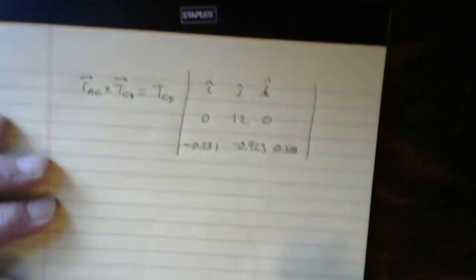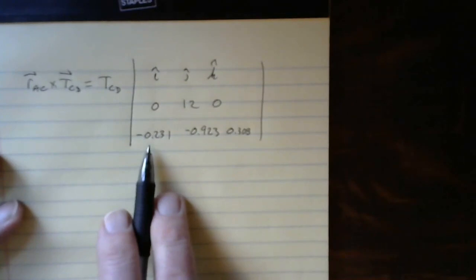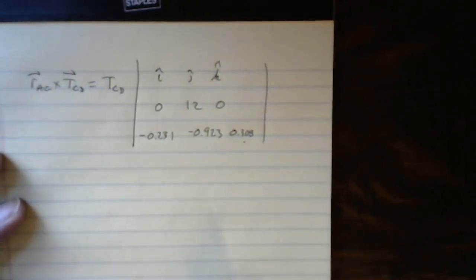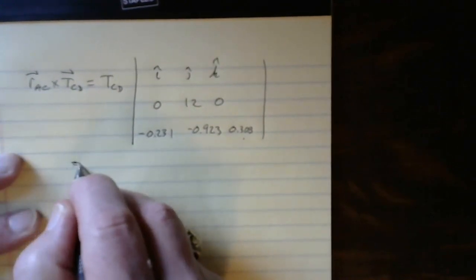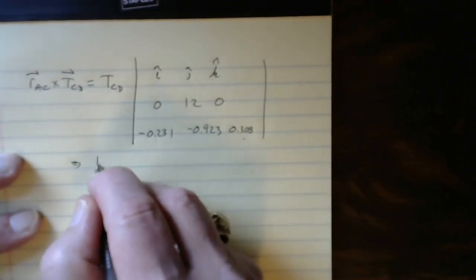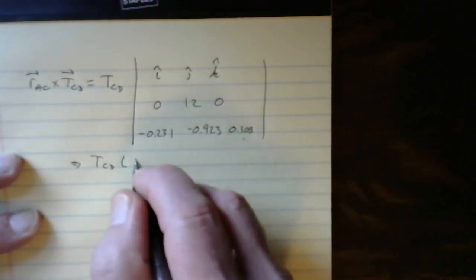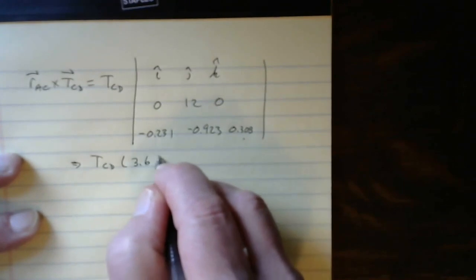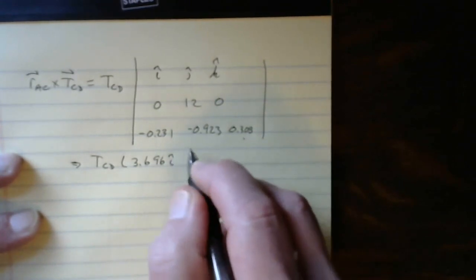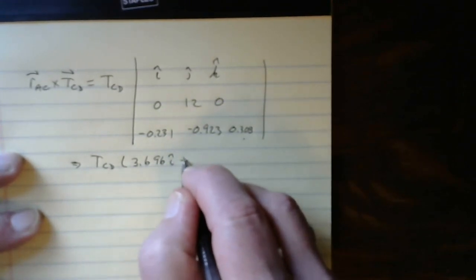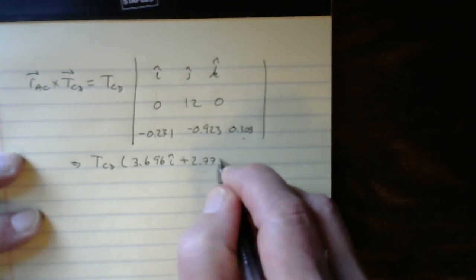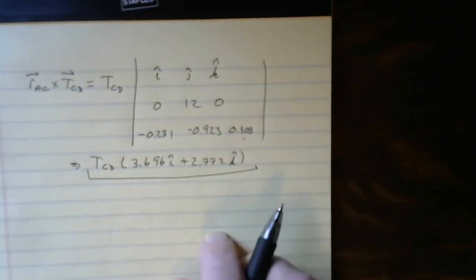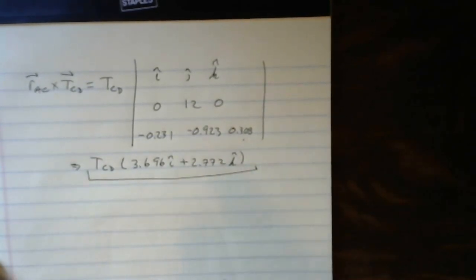Again, you could leave TCD in each one of these terms, or you could pull it out like I did there. All right. Anyway, when you do the expansion, this is TCD: 3.696I, plus 2.772K. Again, no J component, no tendency for rotation about the y-axis, which makes sense.